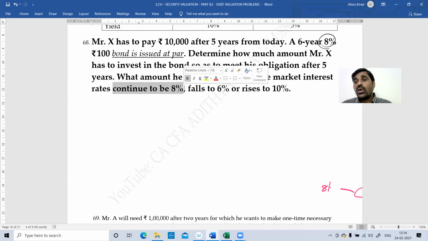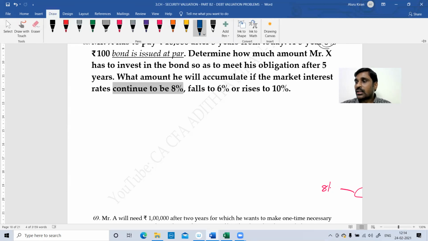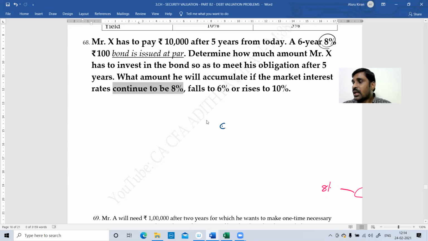Now I have to prove that I can get 10,000. Look at how I'll prove it. Take the bondholder and the company.